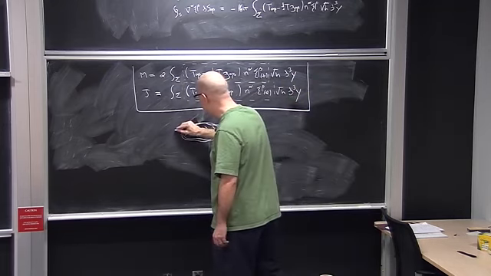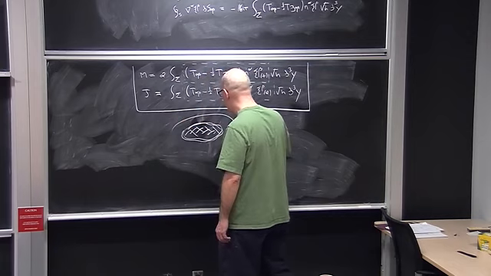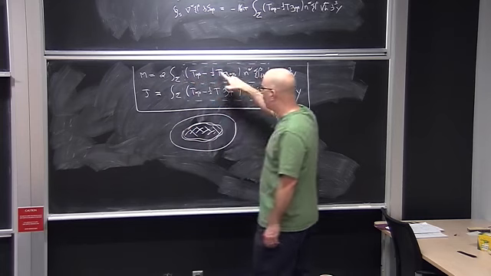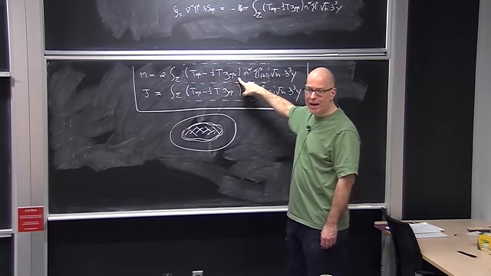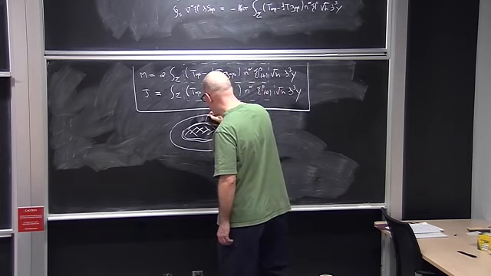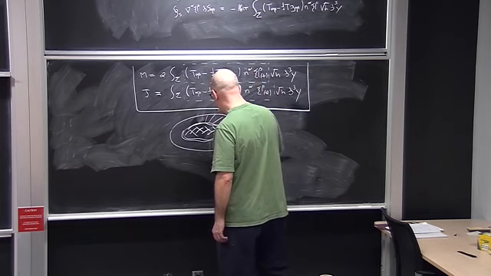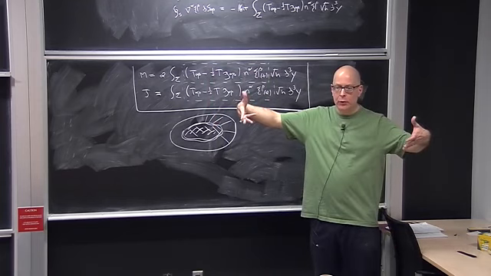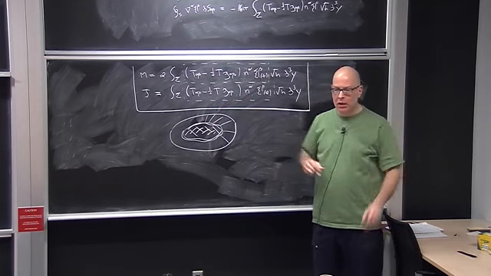Or you can consider a hypersurface that goes well beyond the matter distribution, and it doesn't make a difference because the integral here only cares where you have matter, and the contribution to the integral coming from outside the matter will be zero. So it really doesn't matter how far you extend the hypersurface.